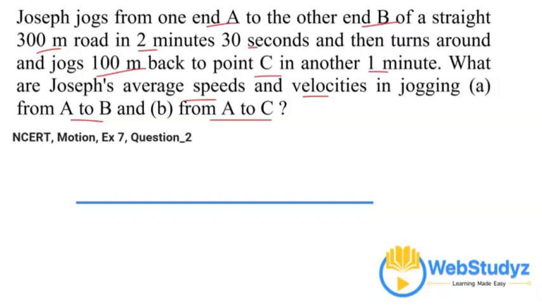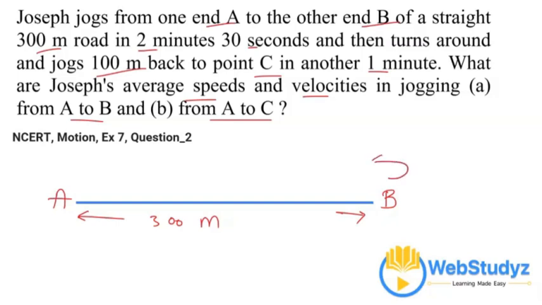Let's represent this question diagrammatically. We have been given a straight road of 300 meters. Joseph jogs from point A to point B, that are 300 meters apart, in 2 minutes and 30 seconds.